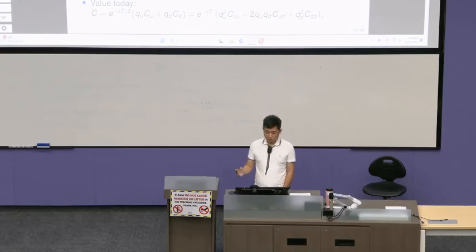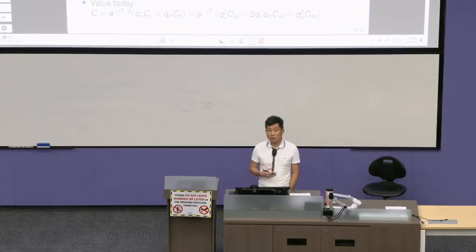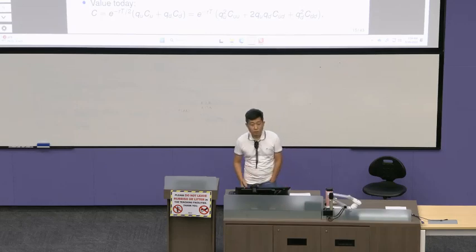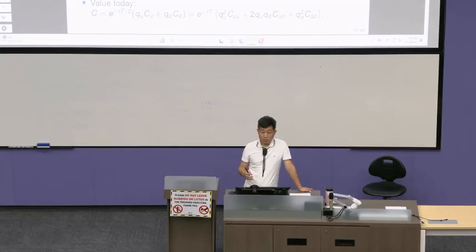And then from these three points, once we get the values for CU and CD, we can get the price of the option today, which is the value at C. After this lecture, when you go back, you should try to solve this system of linear equations and see whether you can get the same solution.